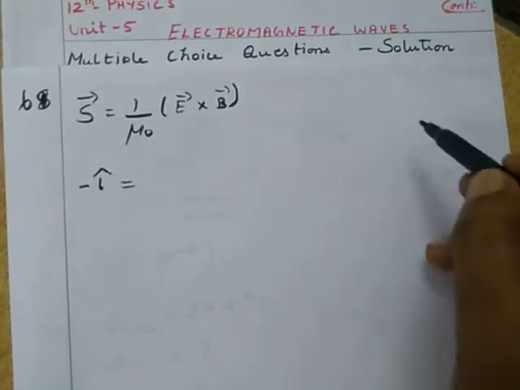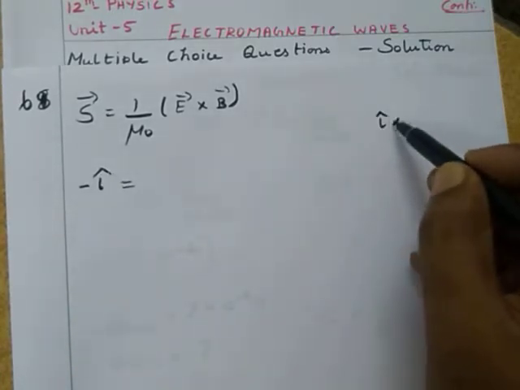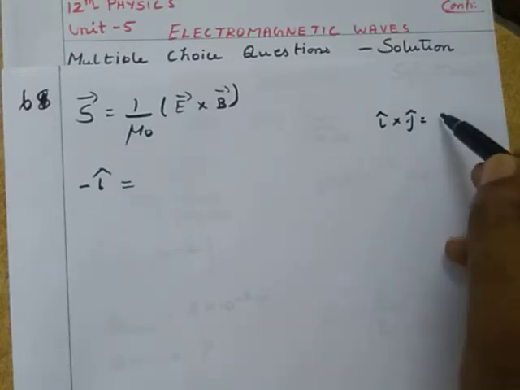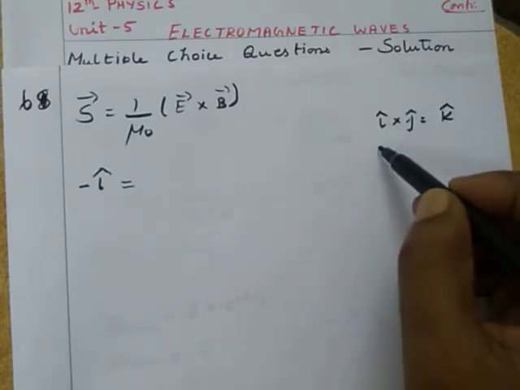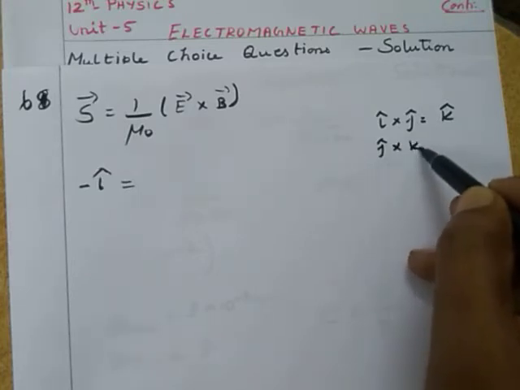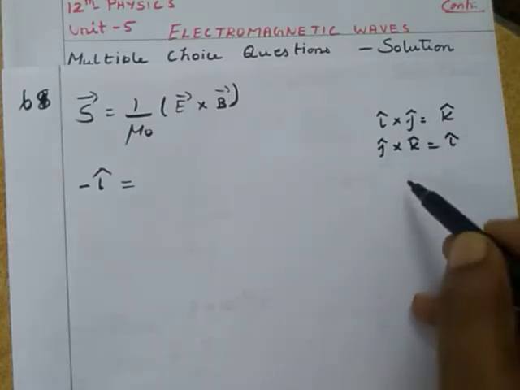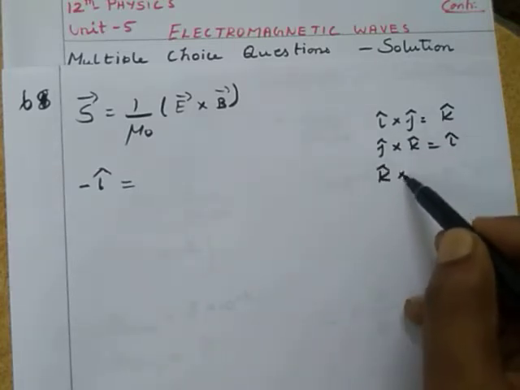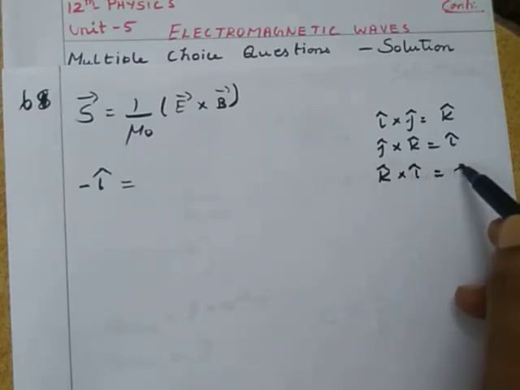For that we know i cap cross j cap is k cap, j cap cross k cap is i cap, k cap cross i cap is j cap.